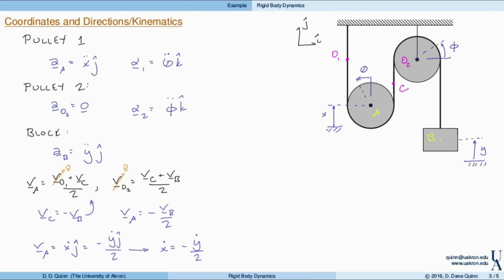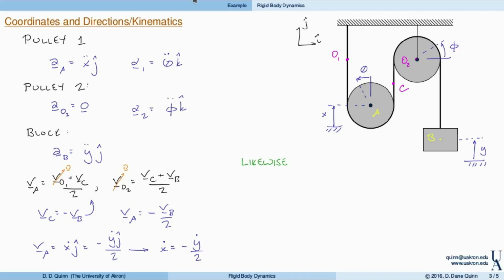So likewise, we can relate the rotation of each pulley to some appropriate value of the displacement.